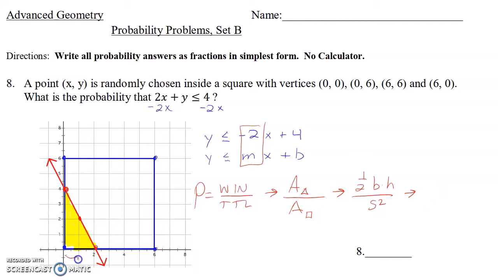So the base here is 2, the height here is 4. So 1/2 of 2 is 1 times 4 is 4. And then each of these sides is 6, so that would be 6 squared, or 36, which means I have a 1/9 probability of choosing a point in the yellow region.